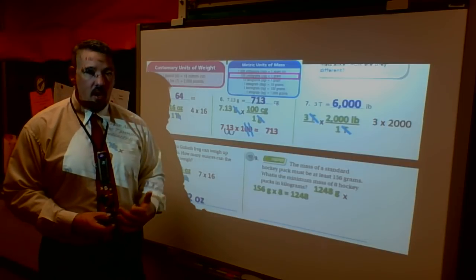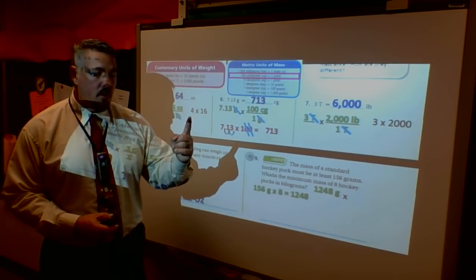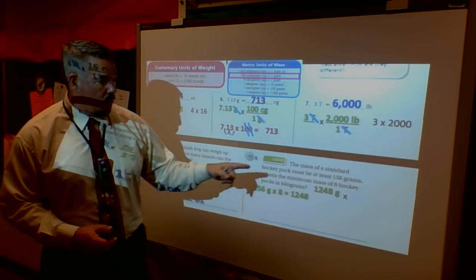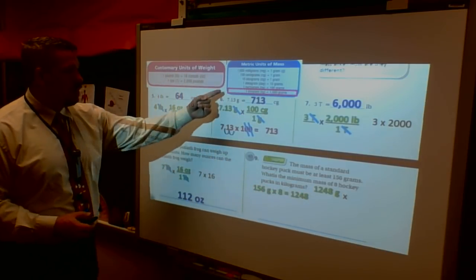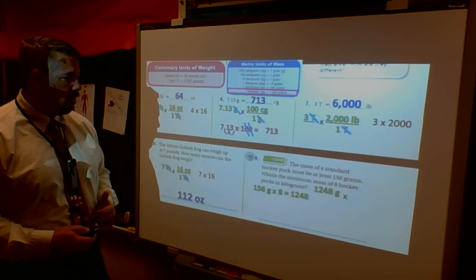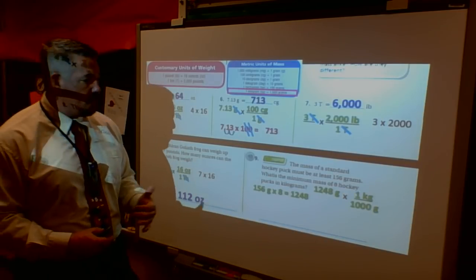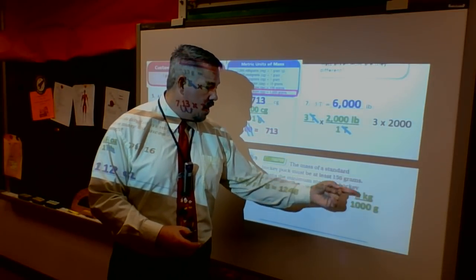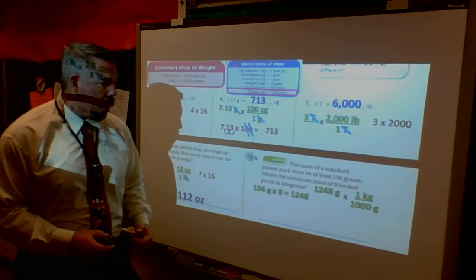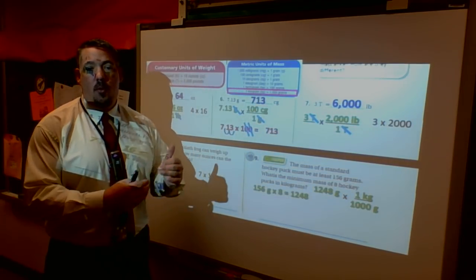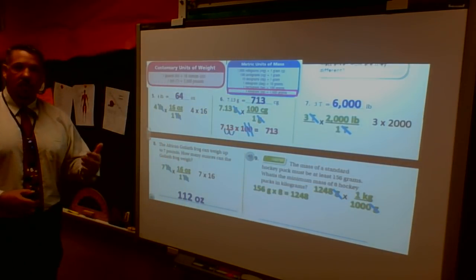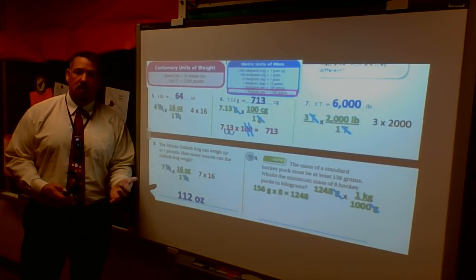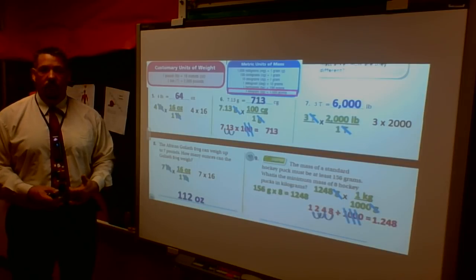For every 1 kilogram, which is going to be at the top, I'm going to have 1,000 grams, because that's what's on my chart. When I know my conversion factor, kilograms on top, grams on the bottom, then I know I'm going to be multiplying across. After I reduce my labels, I'm left with 1,248 over 1,000, which once again is division.